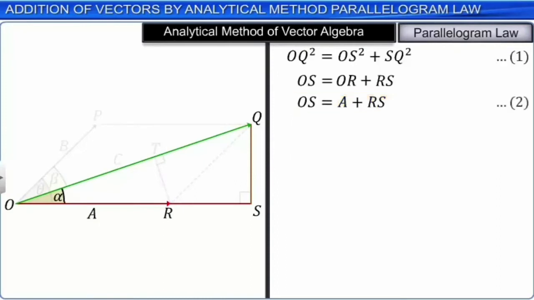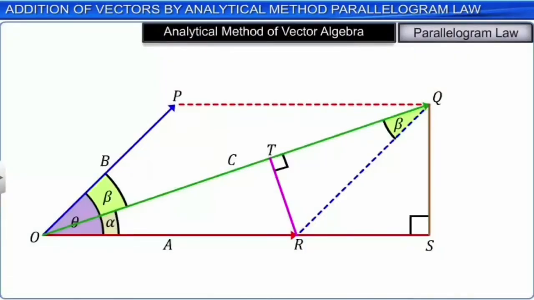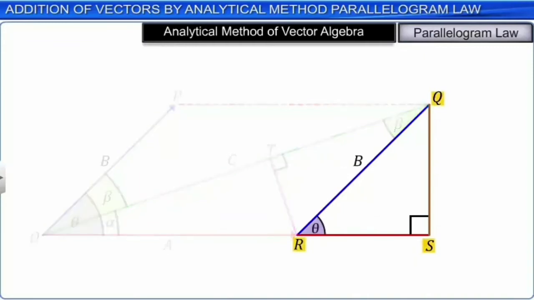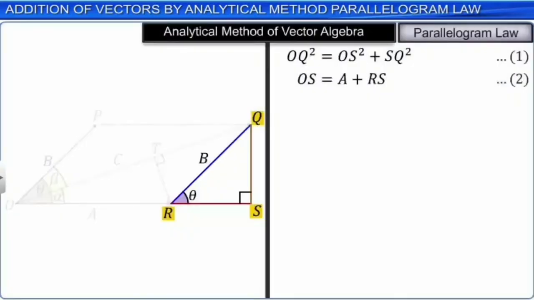Now another right triangle we can obtain from the same diagram, that is triangle QSR. Triangle QSR is a right triangle with right angle at S. In triangle QSR, cos theta is equal to RS divided by QR, or RS by RQ.